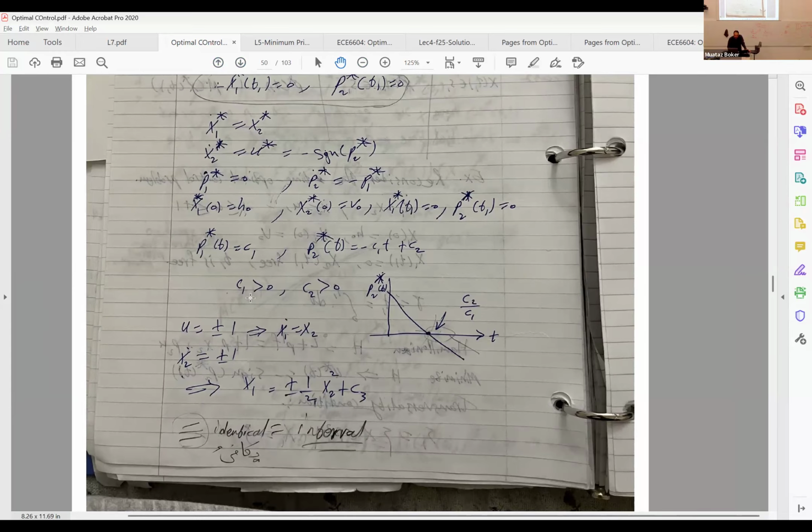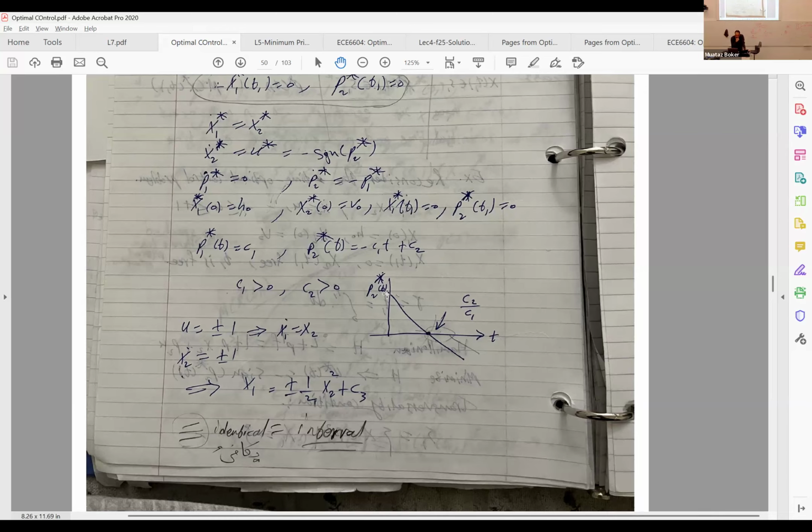Now, considering these constants to be positive, then you have something like this. In this case, when P2 is equal to 0, before that was the switching time. Here it's the final time. And it's going to be C2 over C1. So it depends on the initial conditions of P1 and P2.